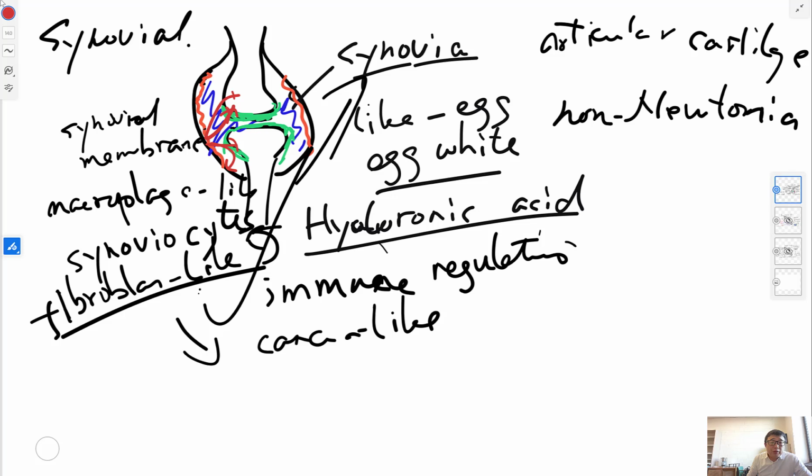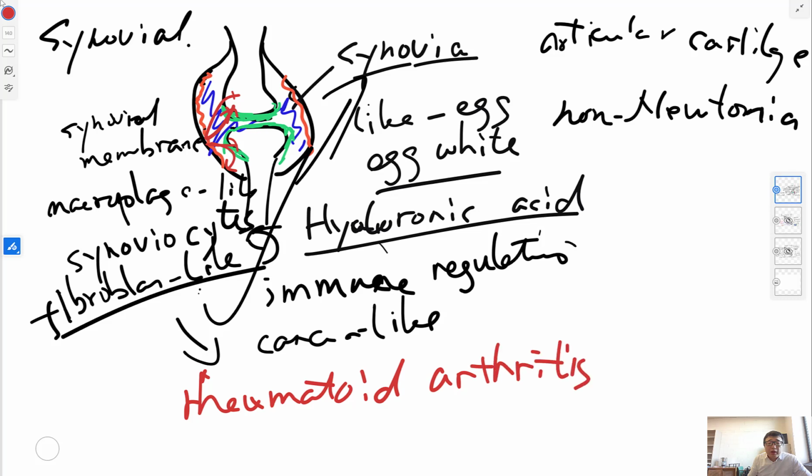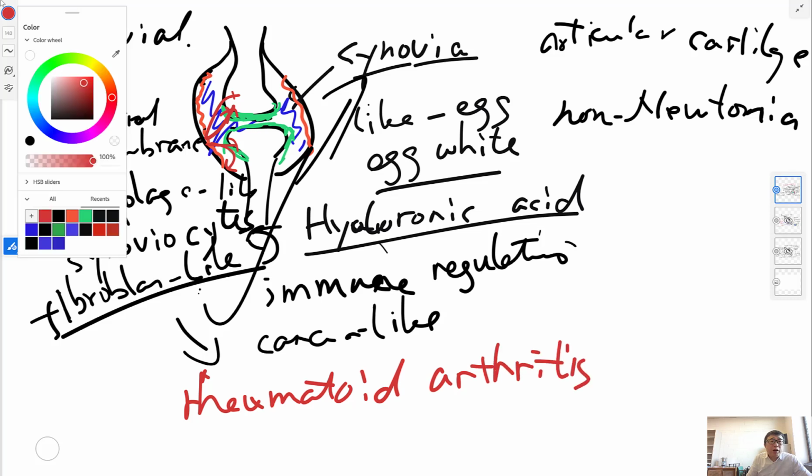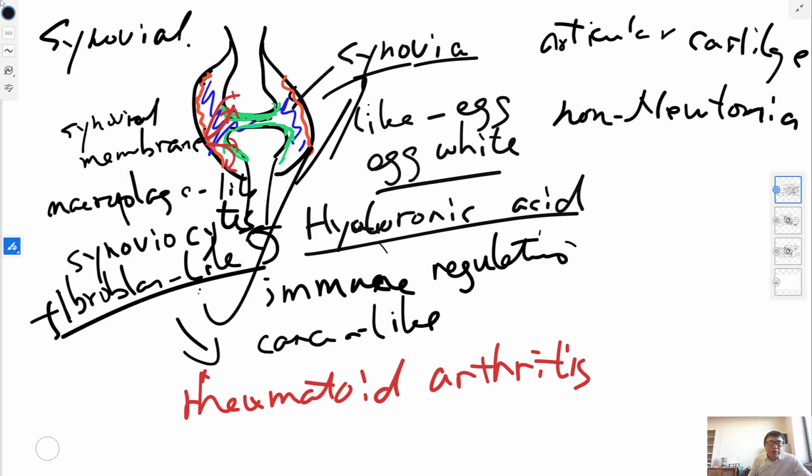And this becomes a kind of serious condition, and you may have heard of rheumatoid arthritis. I think it happens with a higher chance in females than males, and I'm not 100% sure, and it is also more predominant in the wrist and fingers.